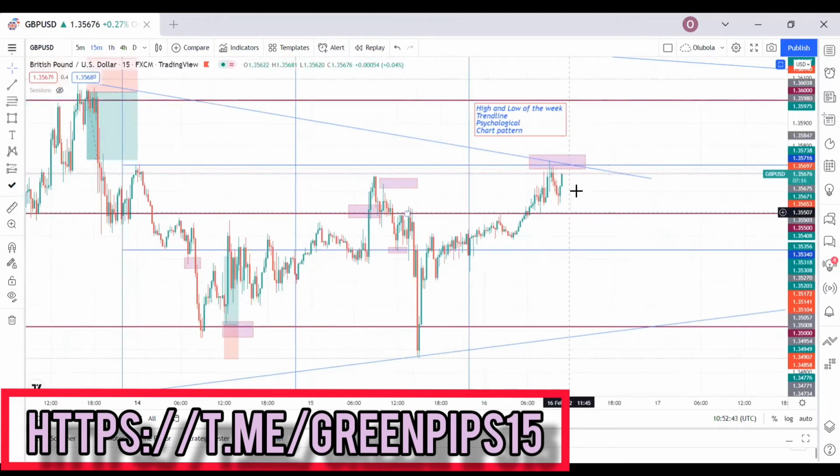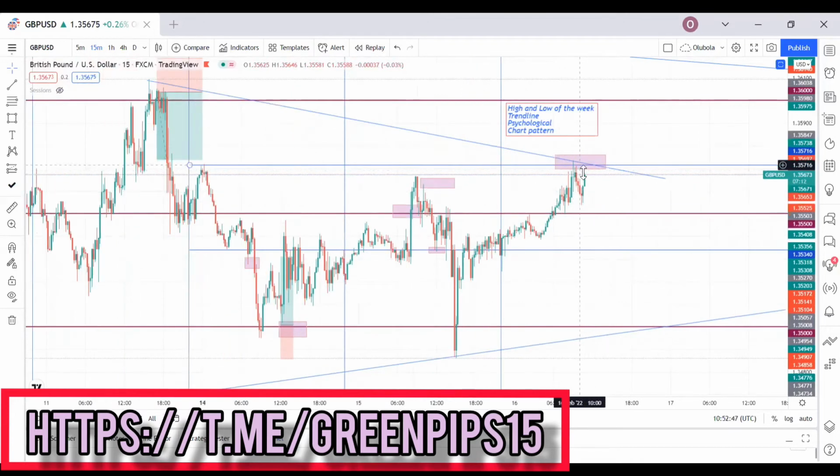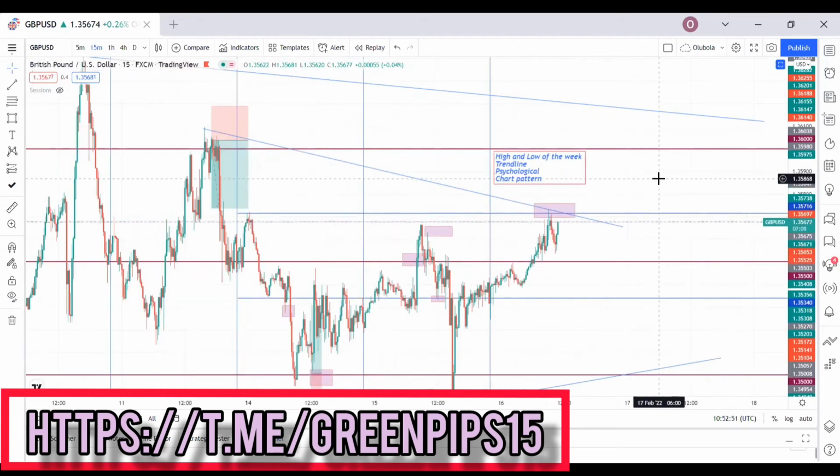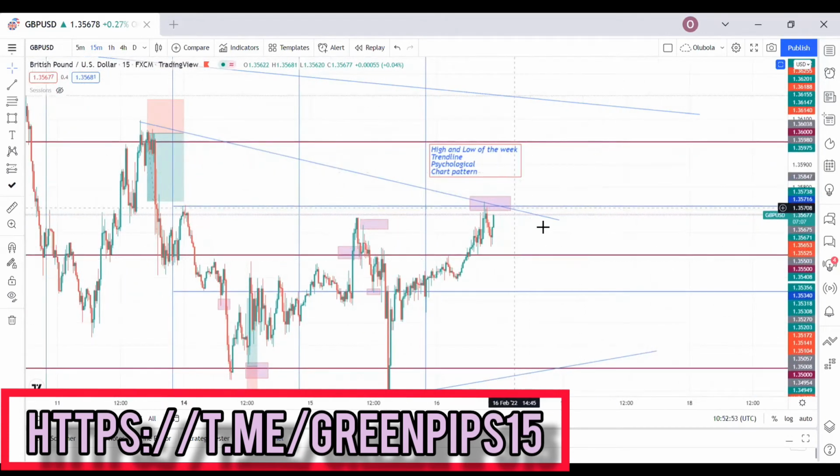But looking from this now, we are probably going to be having an M pattern, and we have our high of the week, like I used to have my high of the week here. I have a touch here, and I have a touch here already now.